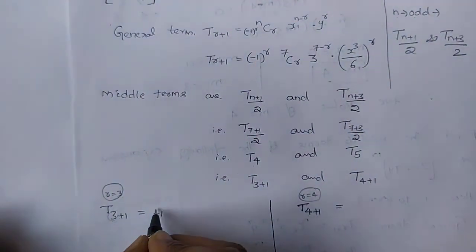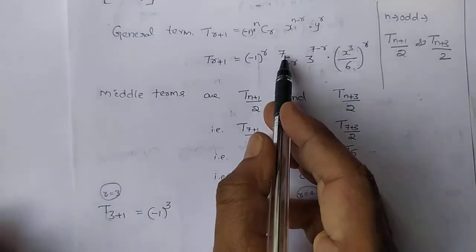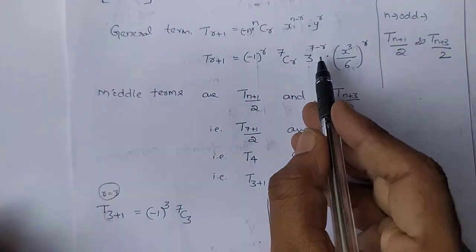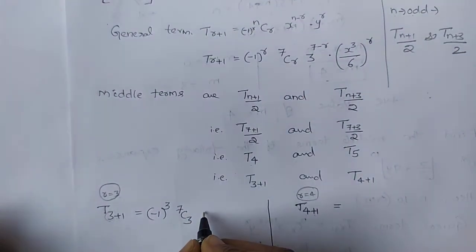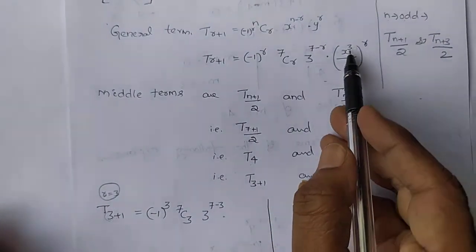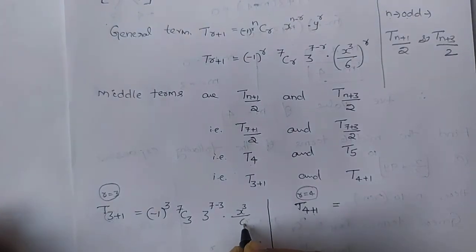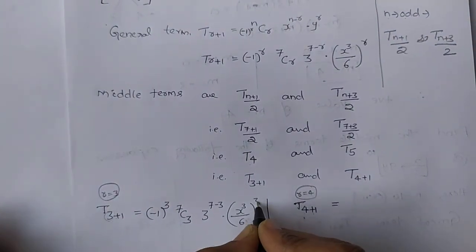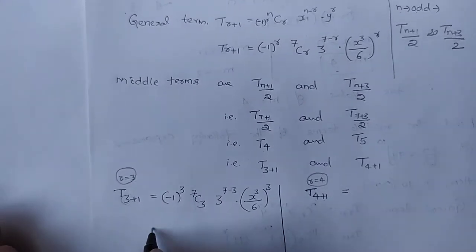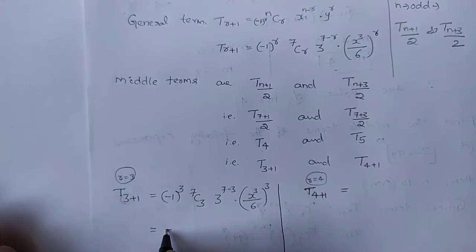So (minus 1) whole power 3, 7C3, r value is 3. Next, 3 power 7 minus 3, into (x cube by 6) whole power 3. Understand? Now that is equal to (minus 1) whole cube.